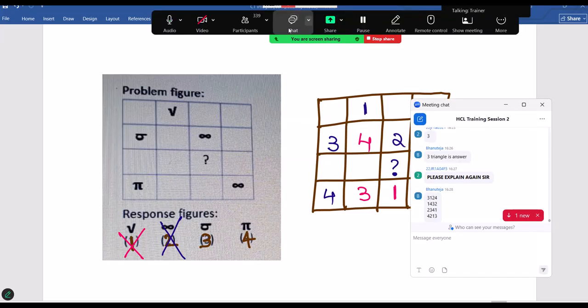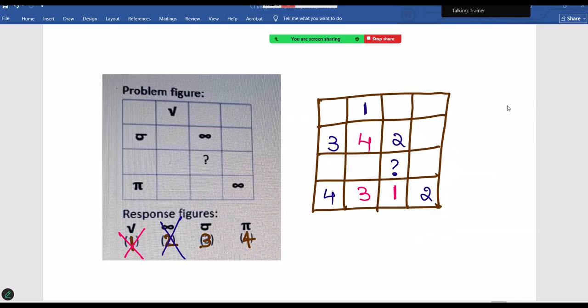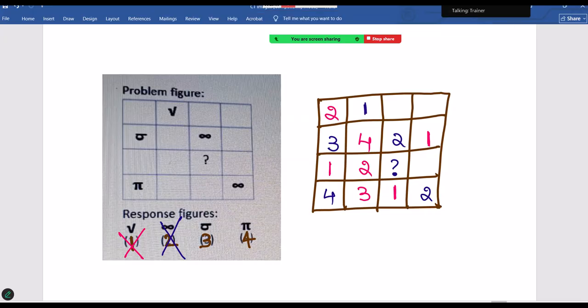There are some questions where there is a bug in the question creation itself. It can be 3 or 4 sometimes. That's why we have to be very careful. This is 2. This will be 1. This will be 2. Now, this will be 1, fine. Now, the bug in the question is that it can be either 3 or 4.